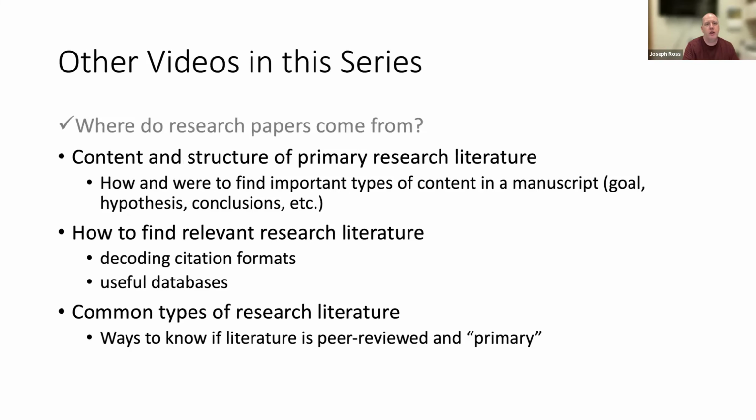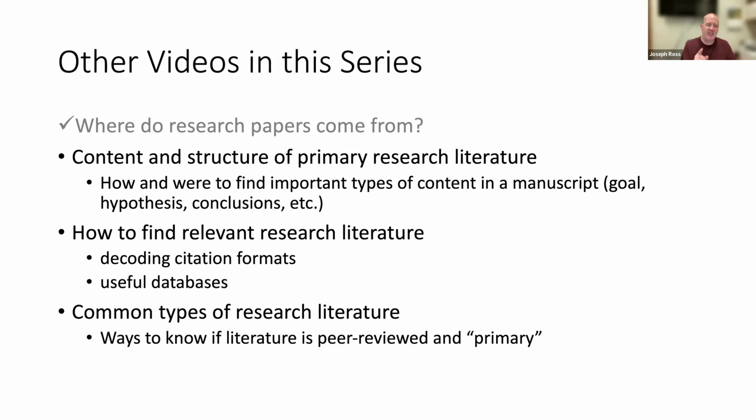So there are some other videos in this series. We just talked about what is a research paper at face value, where do they come from, and how do they get to be published? Other videos are going to cover content and structure of literature, what's in the manuscript itself, and where you find particular important points of information, like the goal of the study, the hypothesis, the conclusions, and other information.